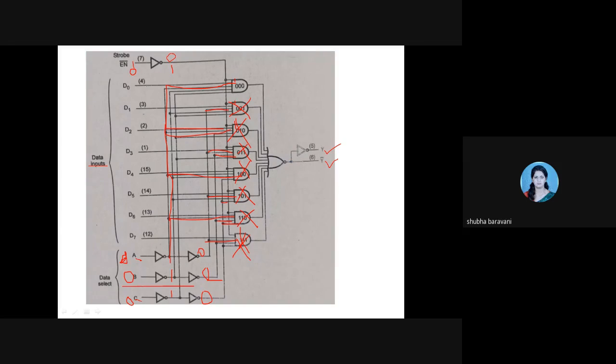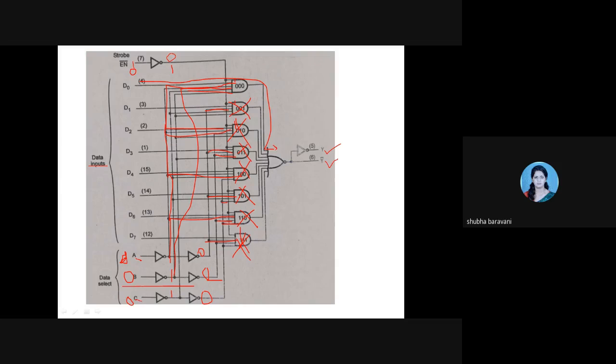It means what? You have to check for this. See, B is equal to 1 is coming here and being given to this. C is equal to 1 is also being given to this. It means D0 will be routed through this to this.